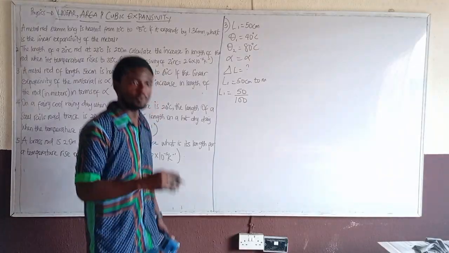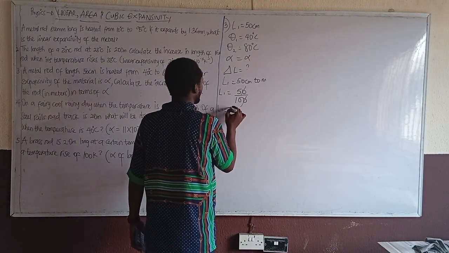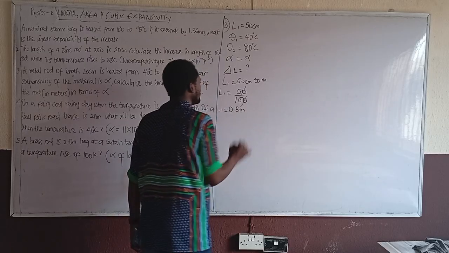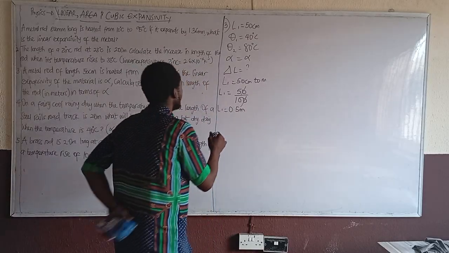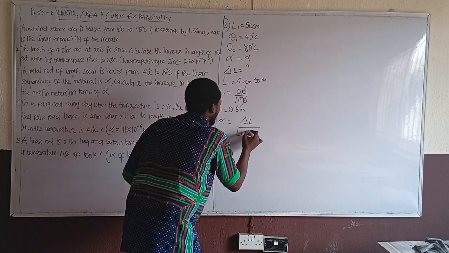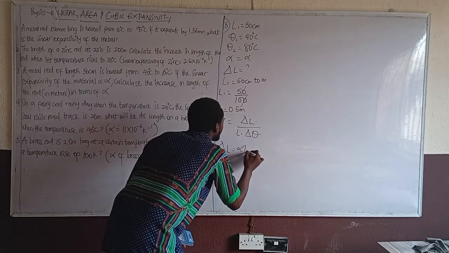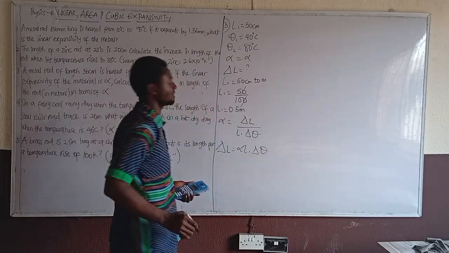From centimeter to meter, divided by 100. The 0 cancels 0. L1 becomes 0.5 meter. Now, linear expansivity is delta L over L1 delta theta. Delta L becomes alpha L1 delta theta.